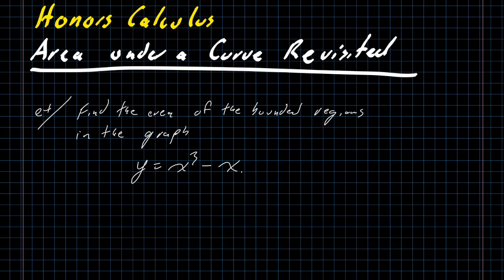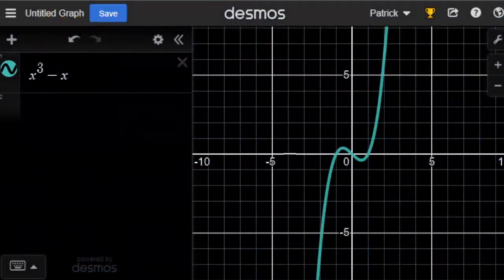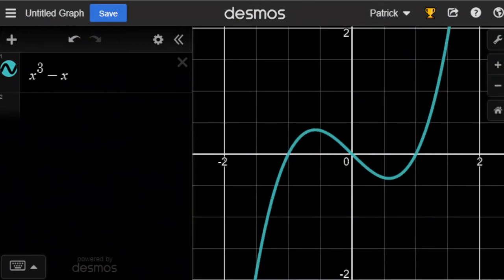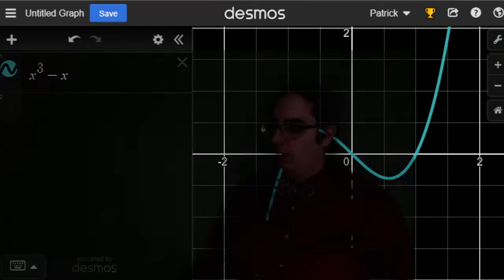cubed minus x. To see what I'm talking about here, let's jump over to Desmos and take a look at the graph of that curve, and maybe even zoom in a little bit. We can see that this is a curve that has some bounded regions and some unboundedness.